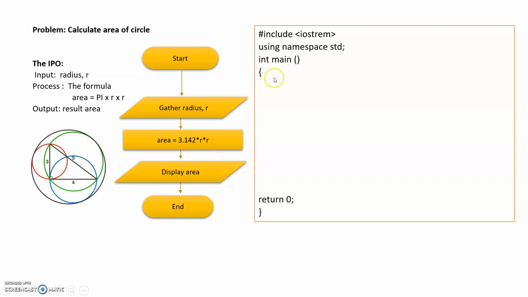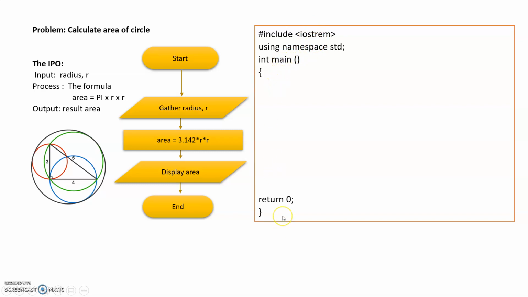What I already highlighted to my students is that you start your program using the framework. The framework must start with the preprocessor directive and the opening and closing of the function.